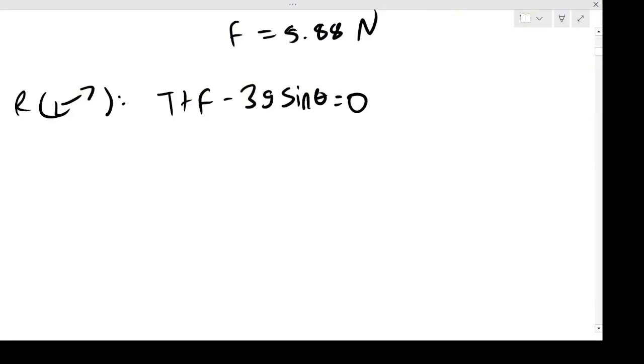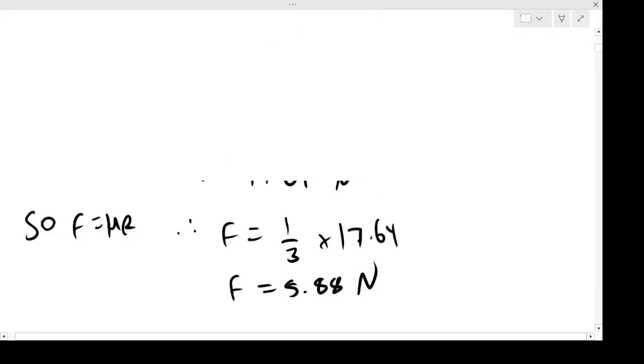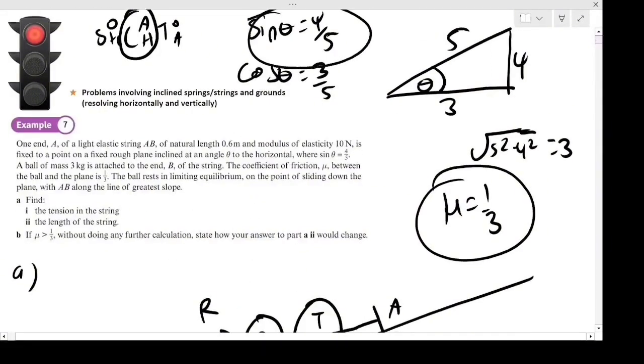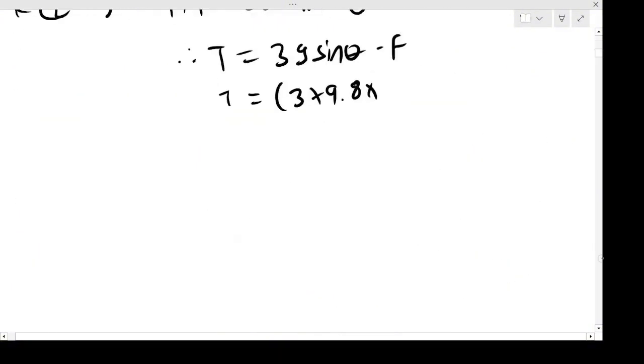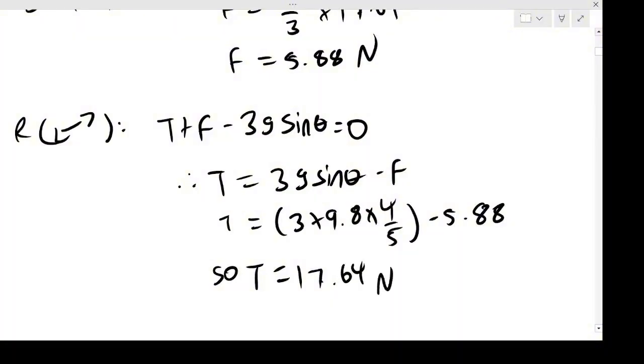So if I rearrange, T is going to be 3g sine theta minus F. So T is 3 times 9.8 times sine theta, which is 4/5, take away F, which was 5.88. Therefore T, my tension, is going to be 17.64 newtons. And there we are.